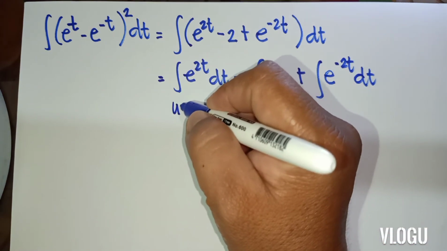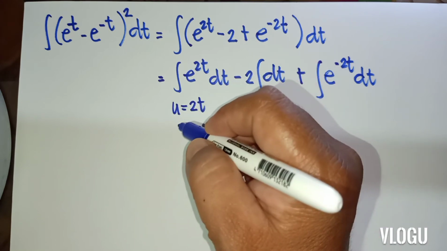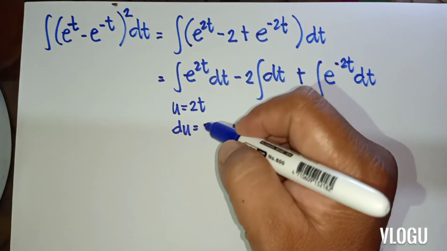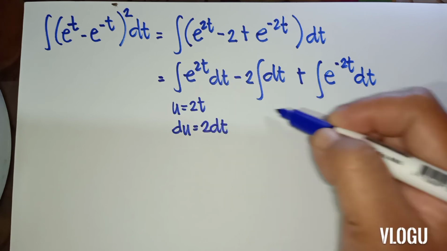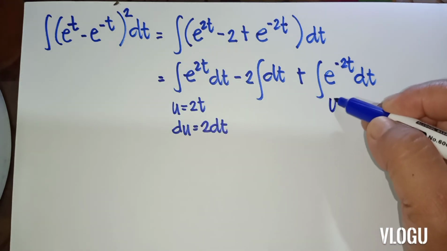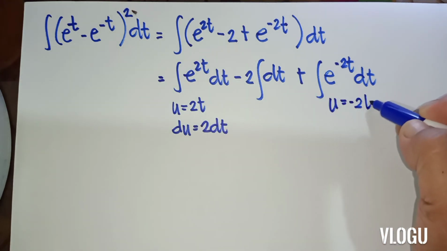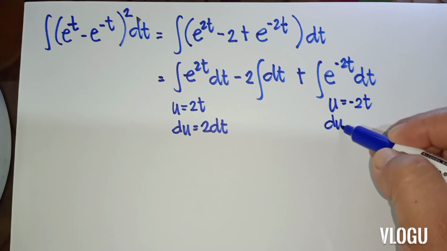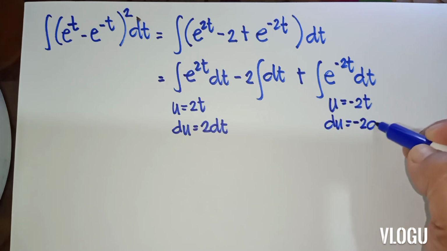So u here is 2t, du here is 2 dt. And u here is negative 2t, du is negative 2 dt.